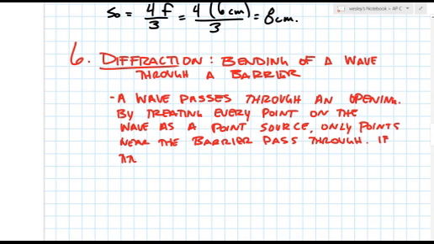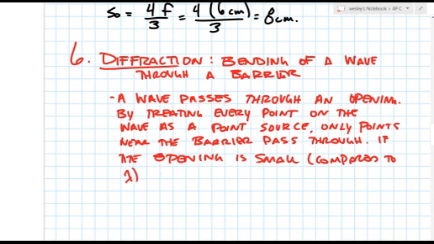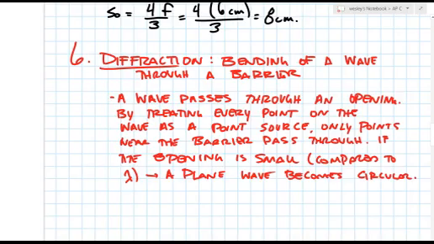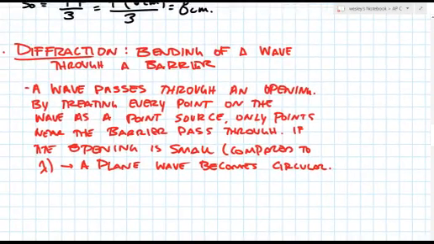If the opening is small compared to the wavelength, a plane wave becomes circular. That's kind of our condition for it.